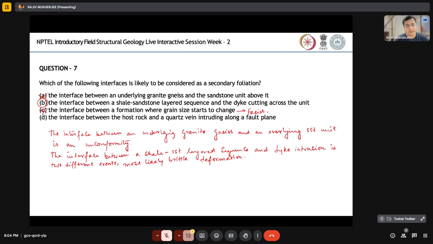Now for the last option, the interface between the host rock and a quartz vein intruding along a fault plane. Fault plane is already a discontinuity, and it has been developed due to changes in the compression or tension, like it can be a normal fault or it can be a thrust fault, whatever may be the case, it is also a signature of brittle deformation.